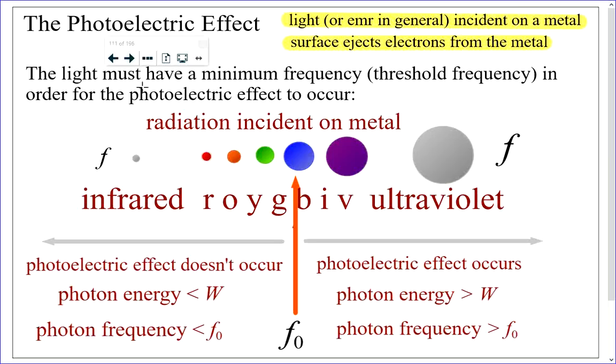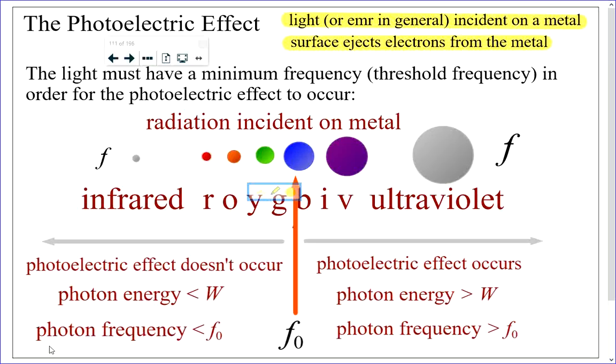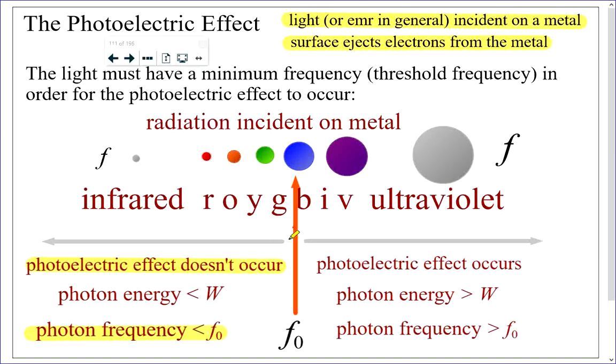And if you take a look now at the bottom of the screen, what I'm saying is if the photon frequency is less than the threshold frequency, the photoelectric effect does not occur. On the other hand, if the frequency of the photon is greater than the threshold frequency, then the photoelectric effect does occur.